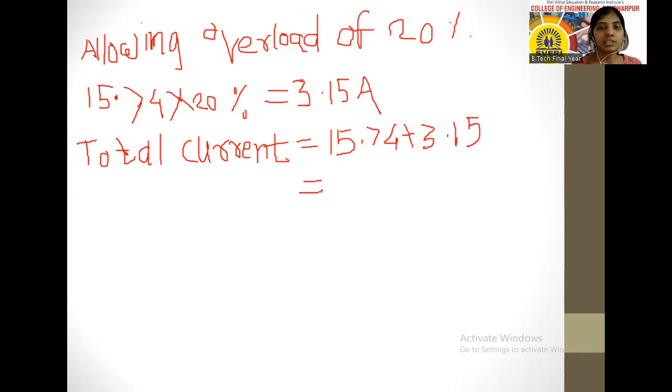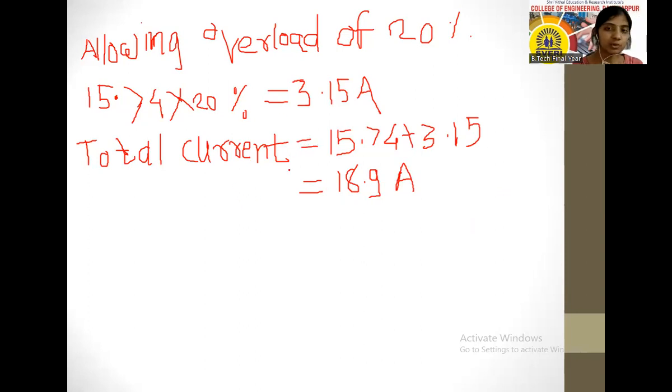How much is the total current? 18.9 ampere. Okay. This is through one phase. So total current will be multiplied by 3. This is for the one phase. Total current will be multiplied by 3.